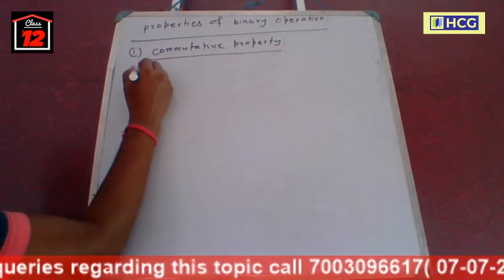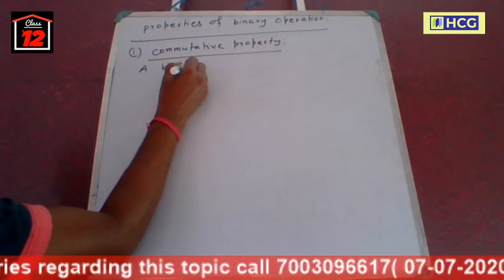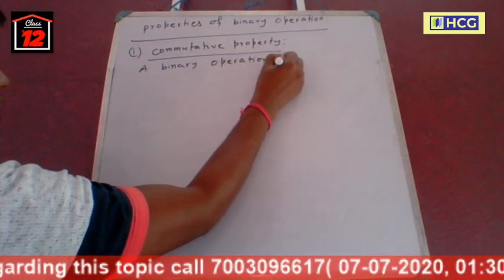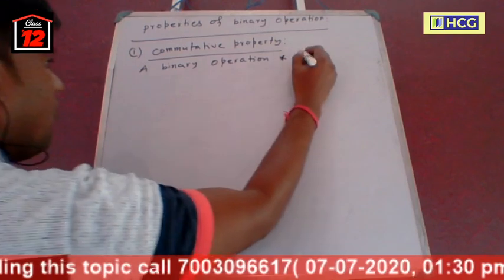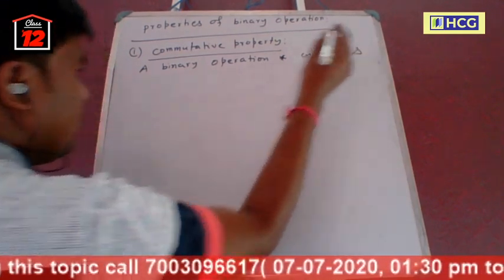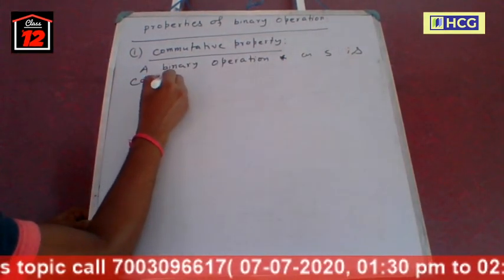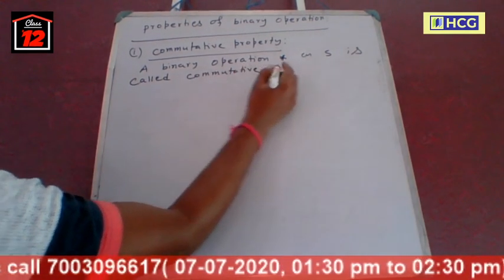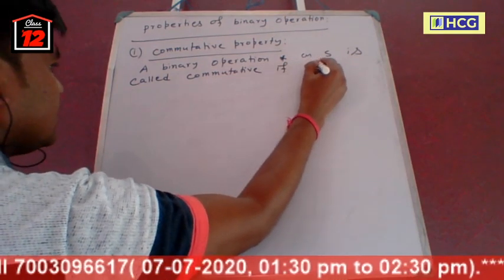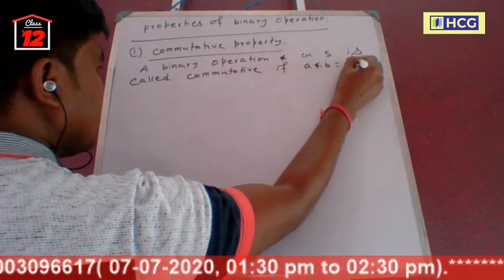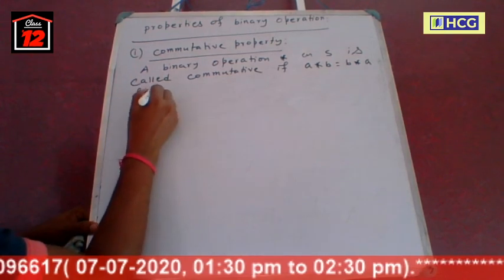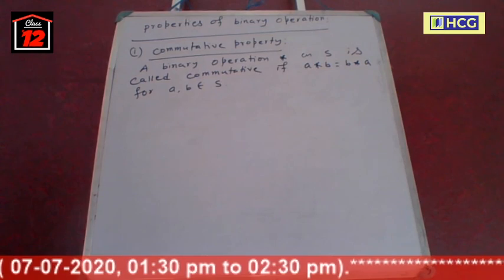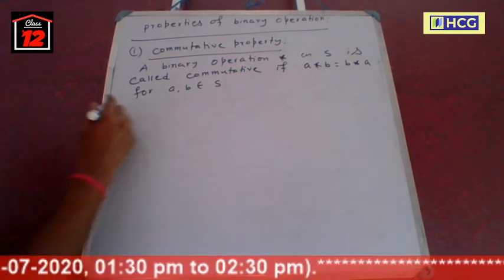A binary operation star on S is called commutative if a star b is equal to b star a for all a, b belonging to S. So the operation is commutative.